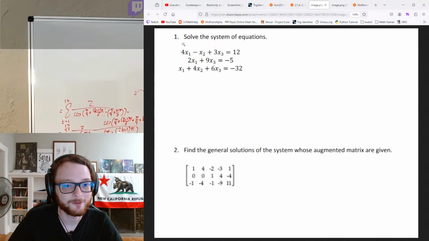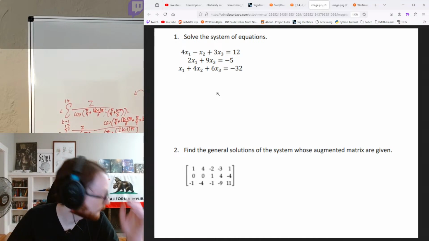You can technically take the inverse matrix of this thing and then multiply it by the solution or something like that. No, that only works for 2 by 2, doesn't it? Or does it work for this also?